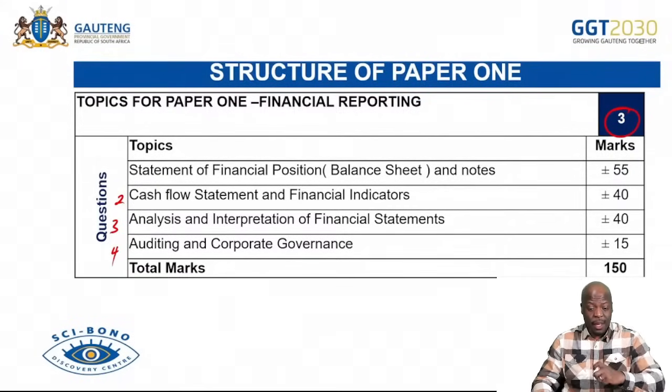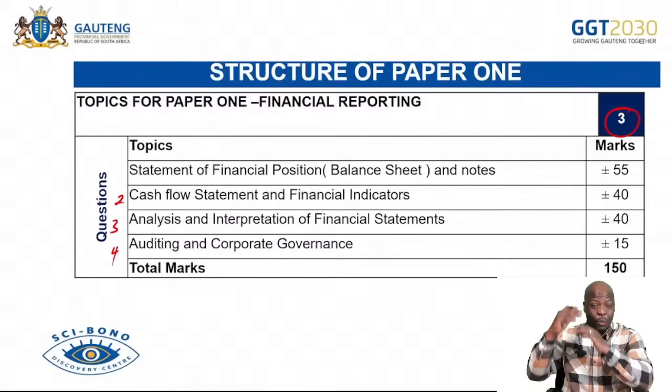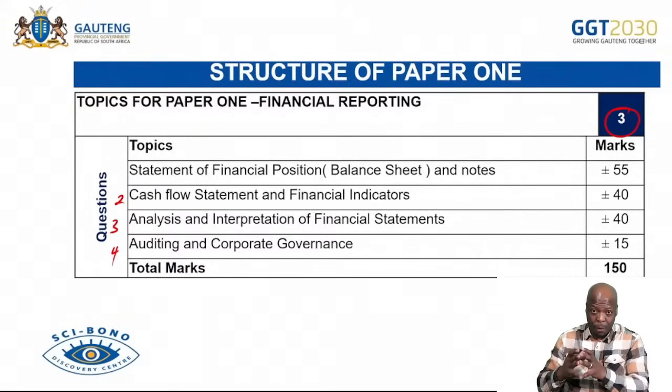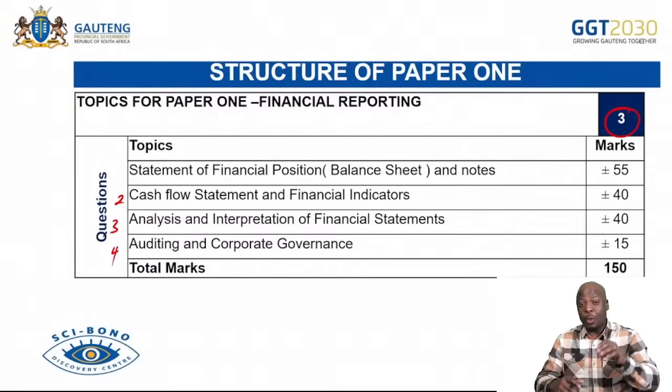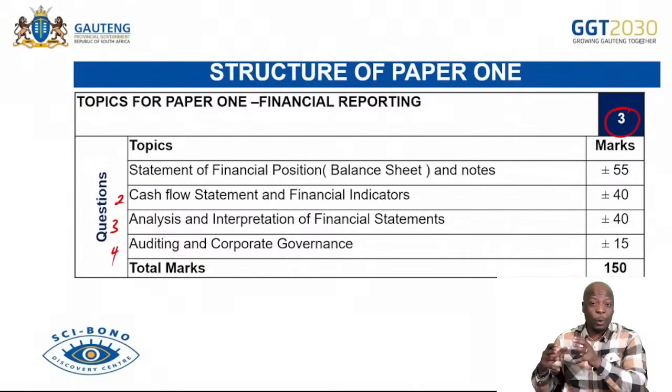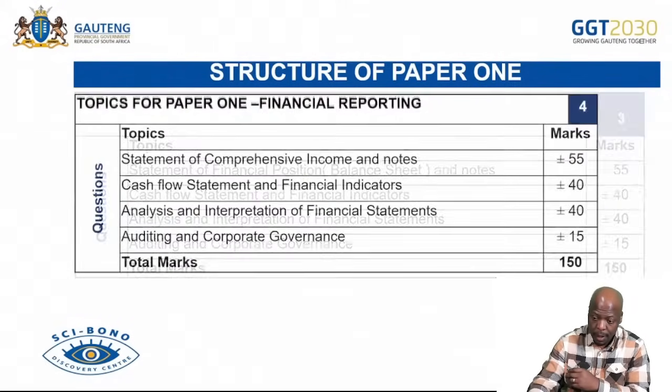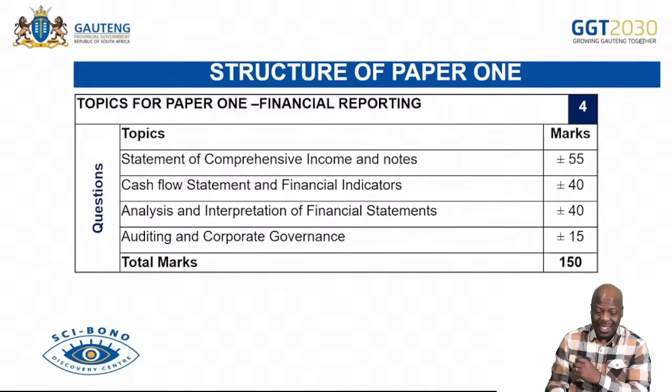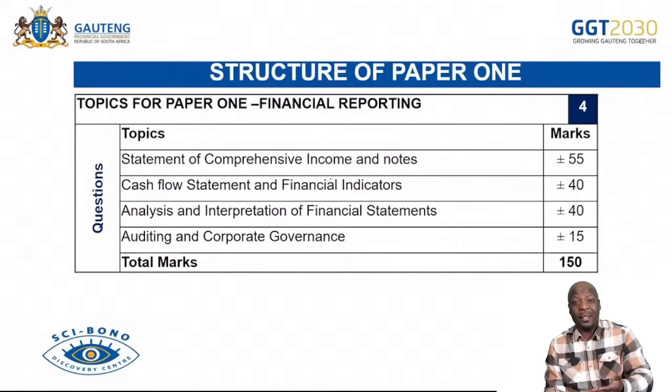The third option is the statement of financial position together with its notes. Remember, when you talk of notes, we would focus mainly on note number 3 up to note number 9. All these notes can be tested. And then the last one is the statement of comprehensive income together with its notes.